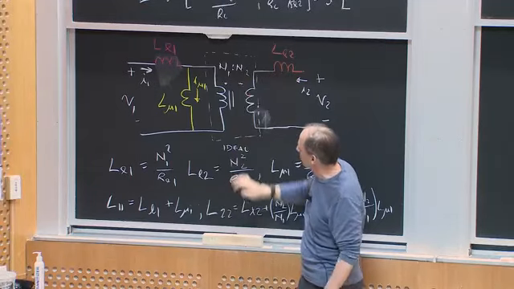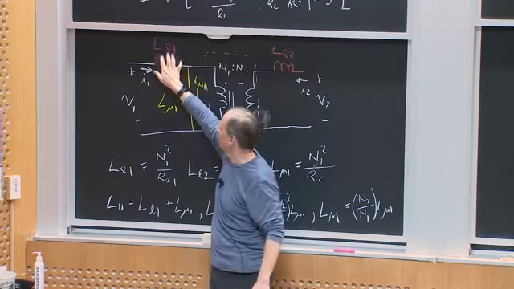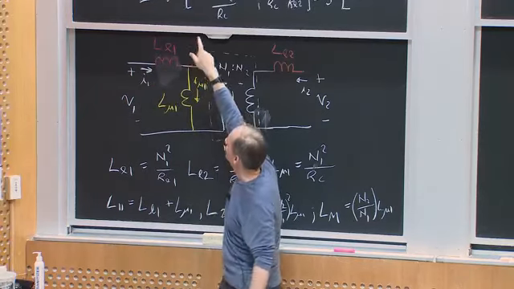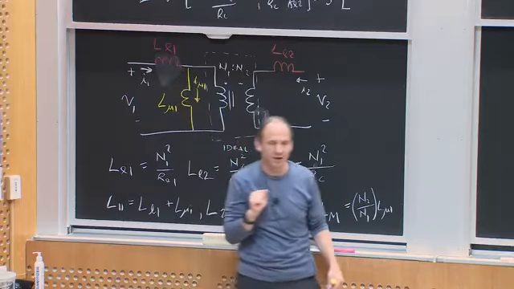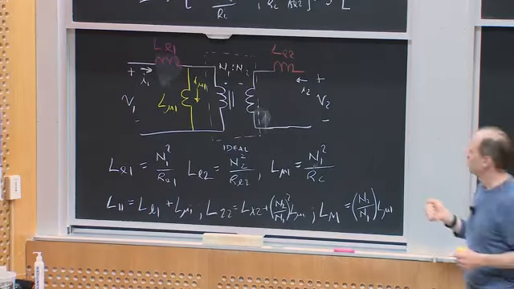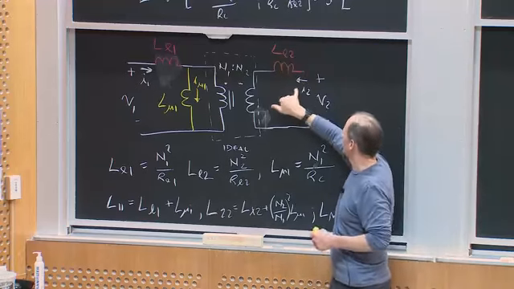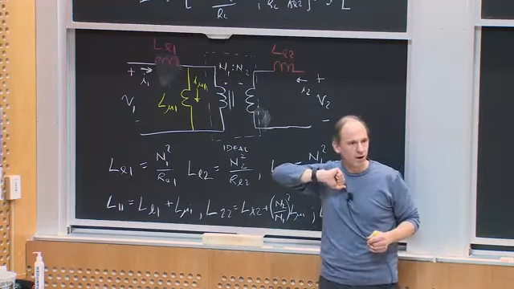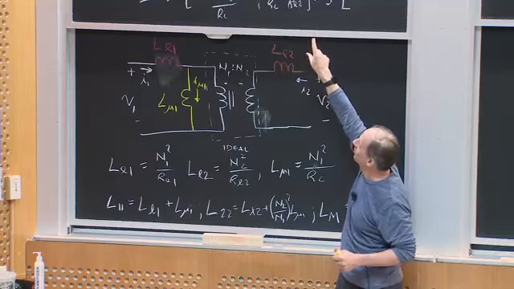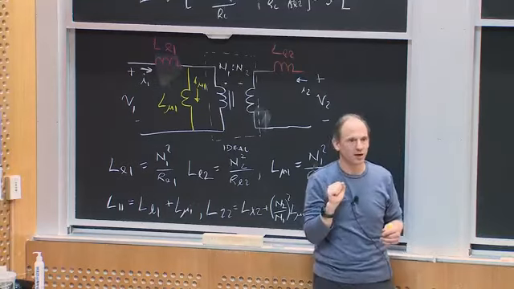Basically, 1/2 L leakage 1 I1 squared is precisely the energy that's stored in space by the magnetic field associated with leakage flux 1. And likewise, 1/2 L leakage 2 I2 squared is precisely the energy that's stored out in space of fields that link winding 2 but do not link winding 1.